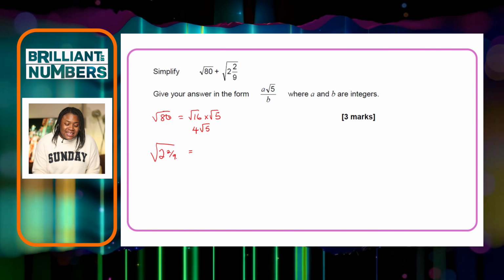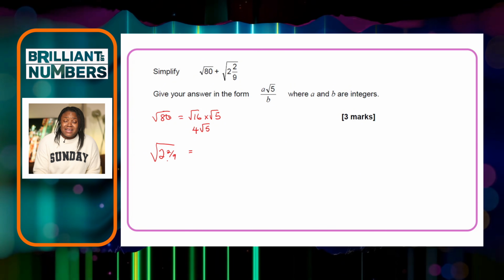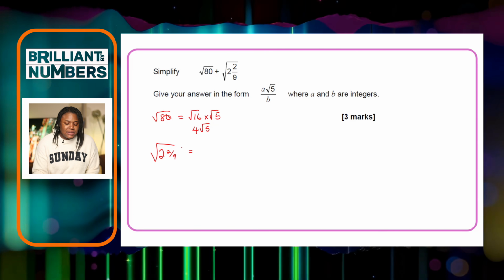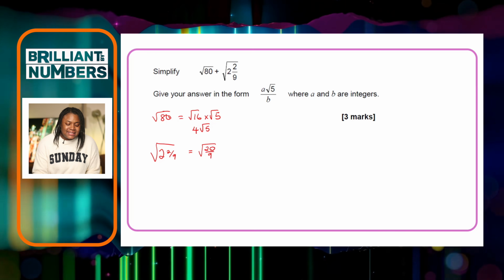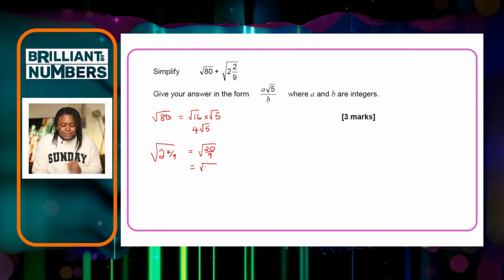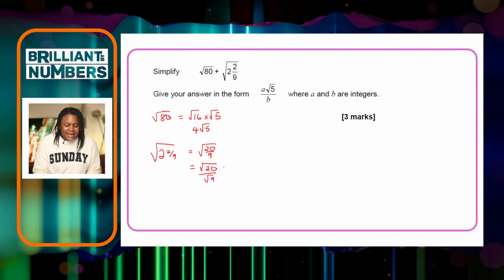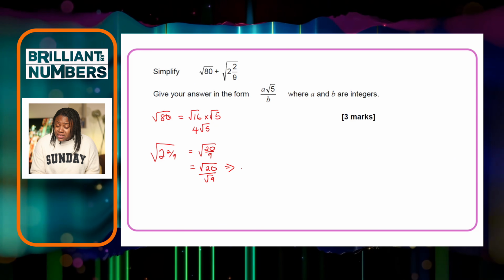So converting this mixed number to an improper fraction, first of all, I get 9 times by 2, which is 18. 18 plus 2 here is 20. So this can be written as square root of 20 ninths. Please note that we could also break them apart since it's a division. So we could have root 20 over root 9. Then let's simplify that. So the largest square number that's a factor of 20 is 4.